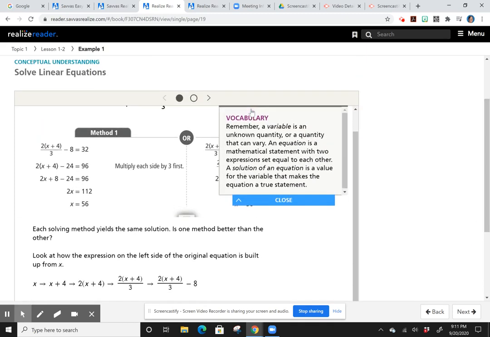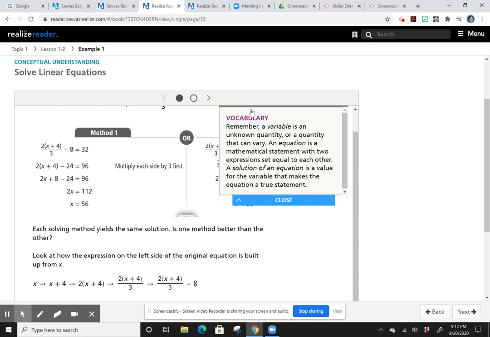So new vocabulary. Remember, a variable is an unknown quantity, and that quantity can vary. So what that means is x can be 56 for this problem, but then the next problem it could be 22. It just depends on the actual problem. An equation is a mathematical statement with two expressions set equal to each other.